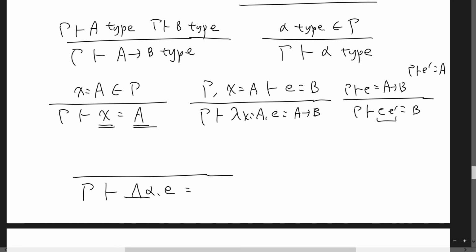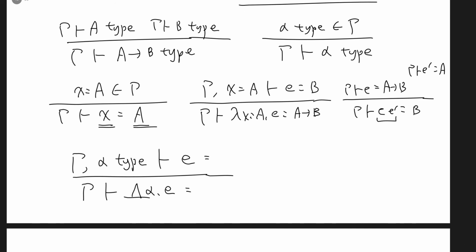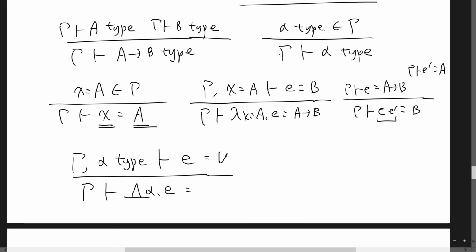And just like in system F, we introduce this fresh type variable, alpha, and then we find that the type of this expression U, which can have a polytype in general, not monotype. And then this type abstraction has type for all alpha, U.